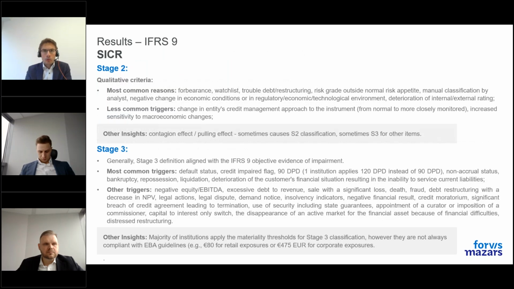Moving on to qualitative criteria, we put them together in this slide.